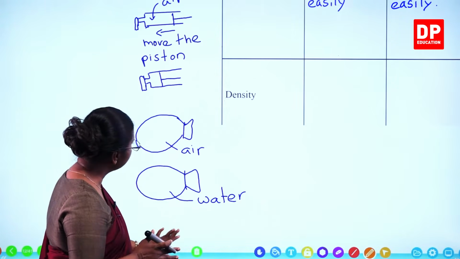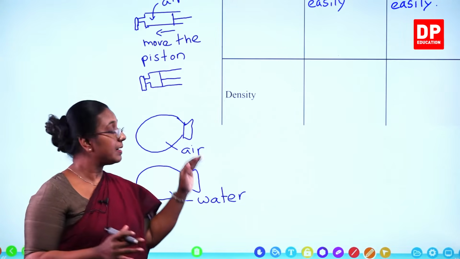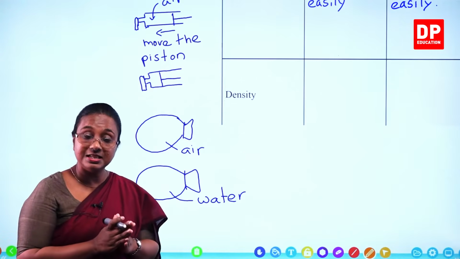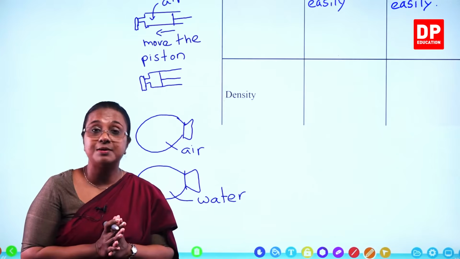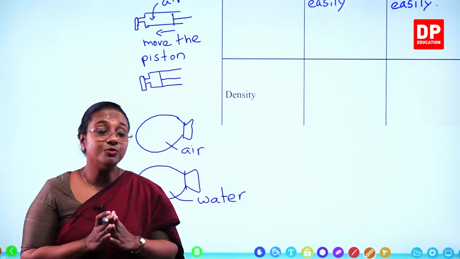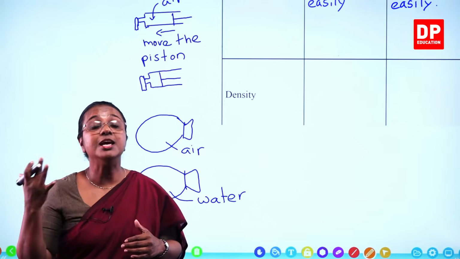The same volume, same balloon, the same shape, everything is the same, but the substance inside is different. Air, water and let's say some solid substance. Obviously, you know the solid substance weighs more. The mass will be more.